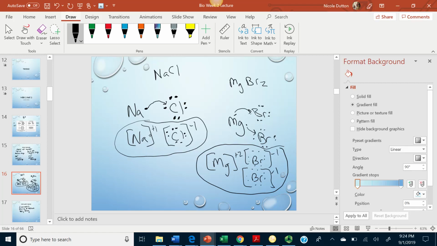So it's not like these are sharing anything. Chlorine took something from sodium, and as soon as chlorine gets bored with sodium and finds a more exciting metal that comes along, more exciting ion or cation that comes along, it's going to give sodium back its electron and go get that electron from that more exciting one. So it's kind of a weak dating relationship.